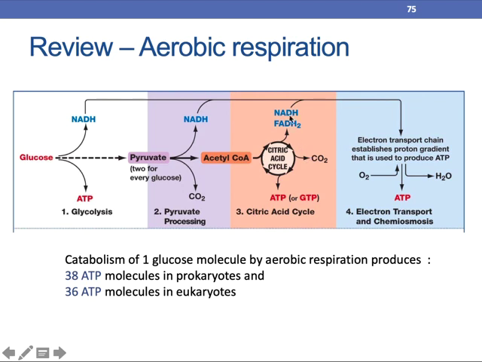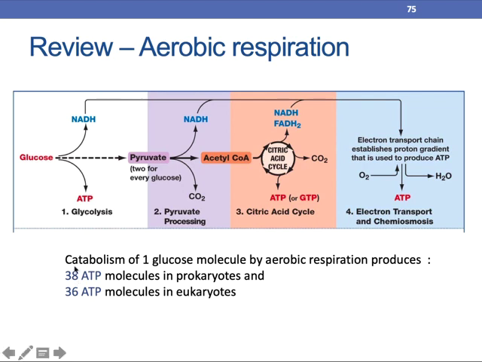In the Krebs cycle, you also have NADH, FADH2, and carbon dioxide that are produced. And then you have these molecules entering the electron transport chain and undergoing the process of chemiosmosis. And when the gradient is established, and the protons have to go through the ATP synthase, you end up having ADP being added to phosphate, and it's catalyzed to form ATP.